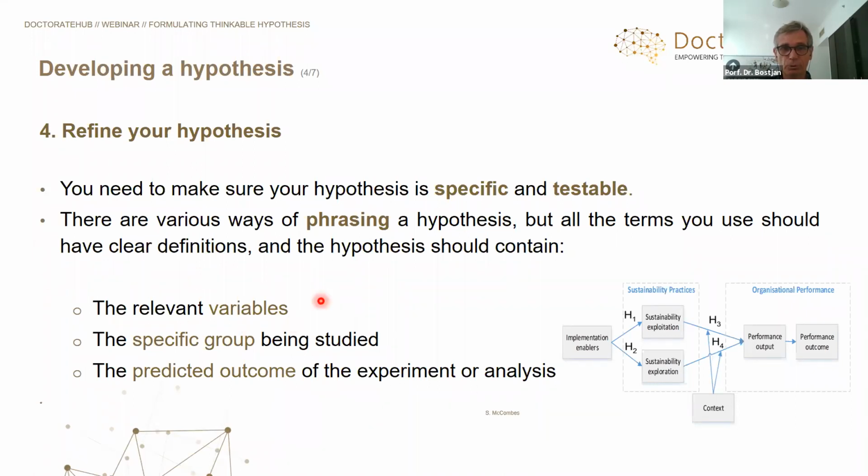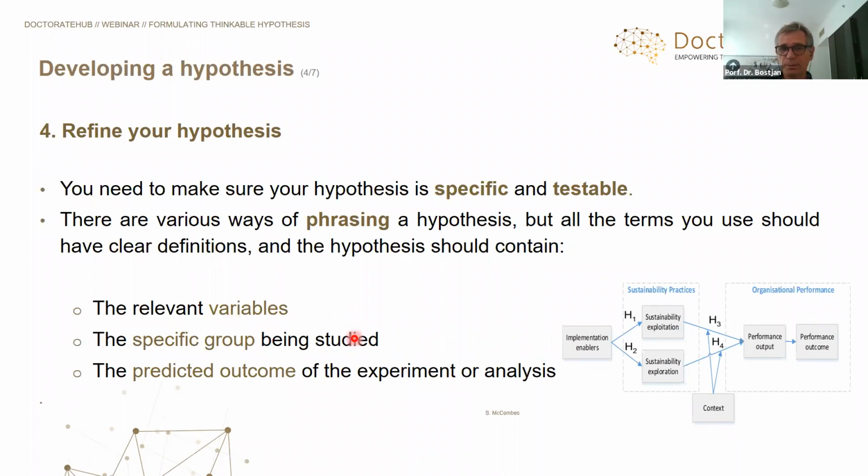You have to talk about the relevant variables, which you will be testing, showing whether there is a relationship or not. And then we can describe in different ways how we think those variables are linked together.